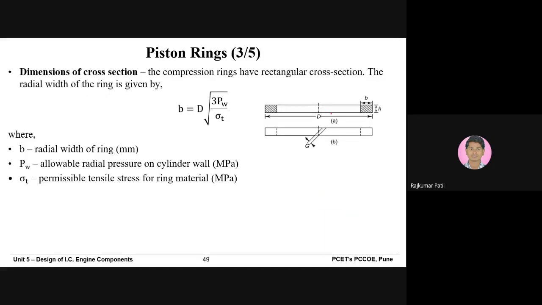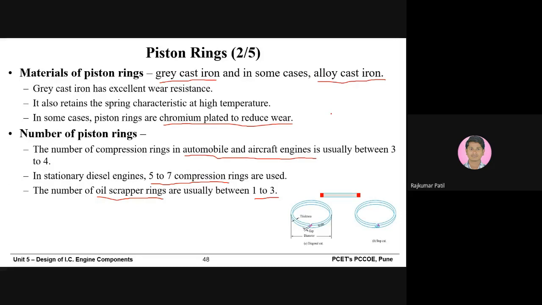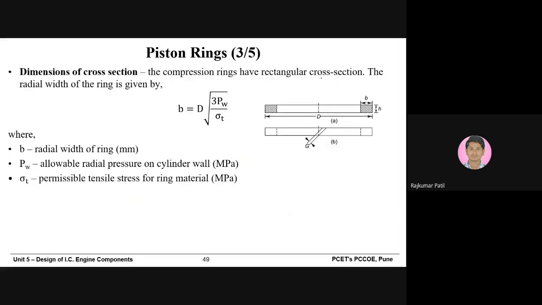Then the design of piston ring, that is estimating the dimensions of the piston ring in order to carry the radial pressure and the stresses developed inside it. So basically there are 3 dimensions. First, the diameter of the piston ring.